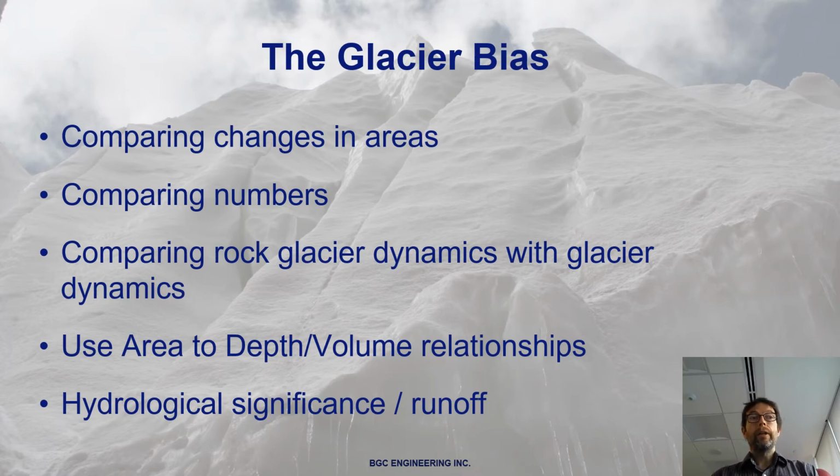I've seen area to rock glacier thickness and volume relationships. They should not or must not be used because they are completely wrong. Rock glaciers do not depend on mass balance. They do not respond to immediate climate. They do not have the dynamic response a glacier has.